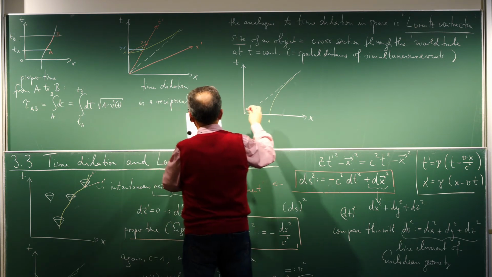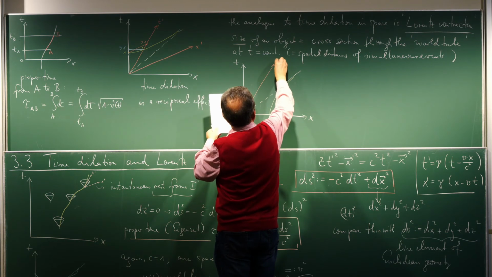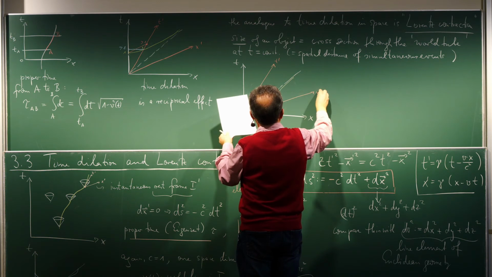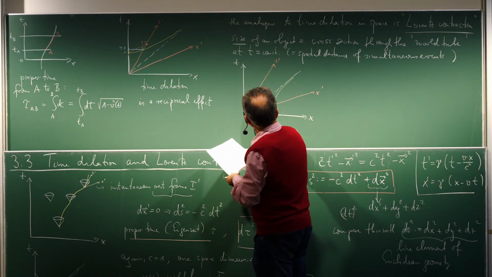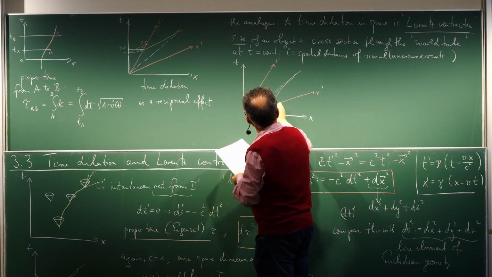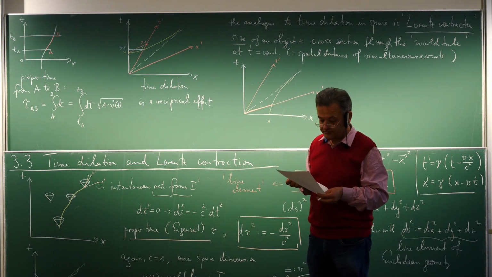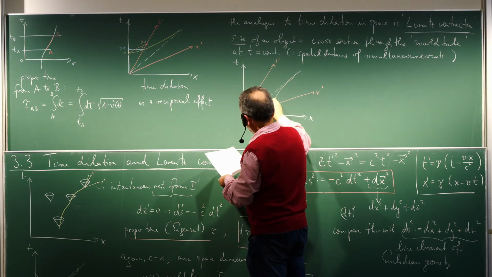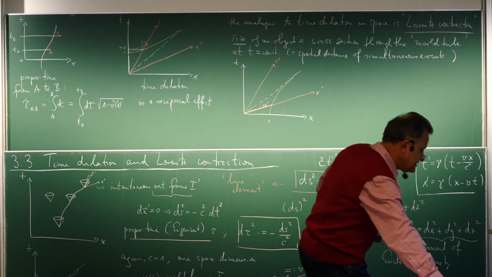So if I have here a moving frame, with t prime and here x prime, then this here is the length of that moving rod as measured in the rest frame. And I call it delta x prime. Maybe I should also write down the 1 here.